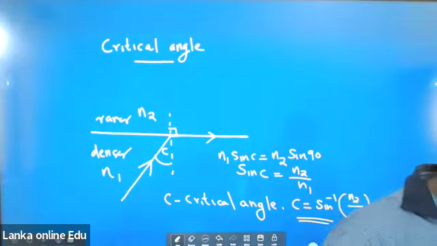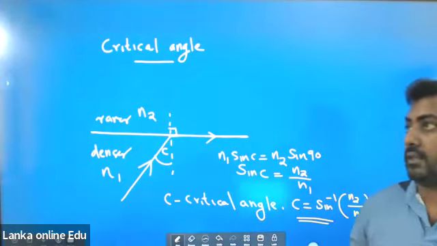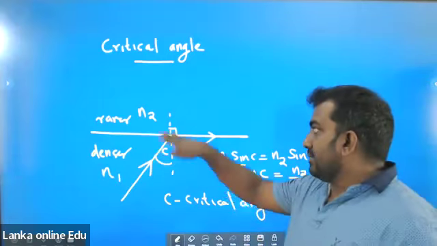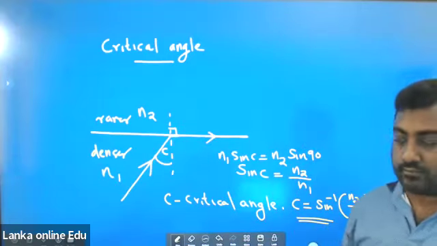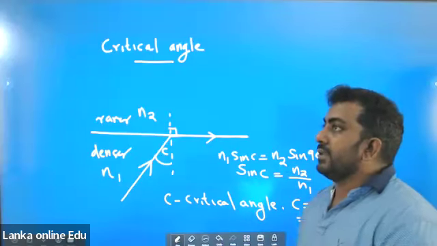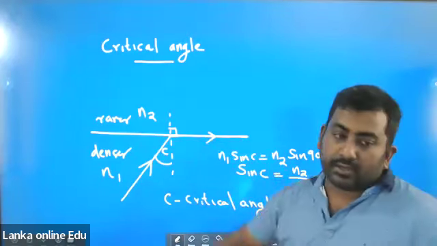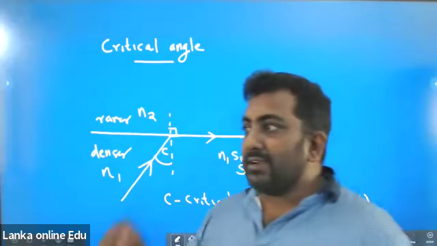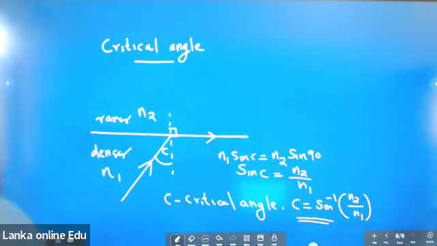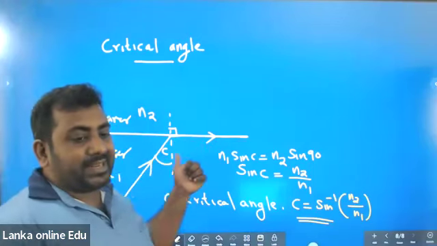Critical angle topic. When light travels from a denser medium to a rarer medium, at one instant, the light ray will travel along the boundary. This is known as the critical angle.